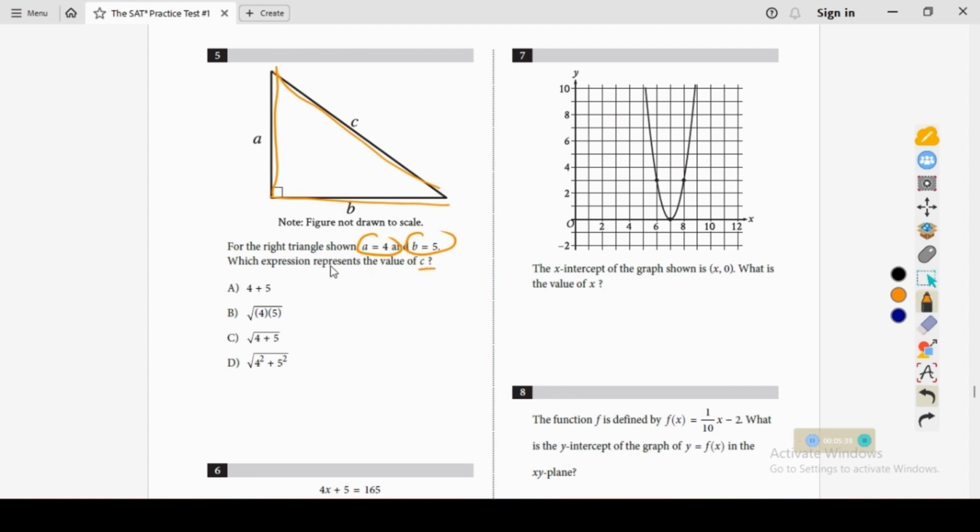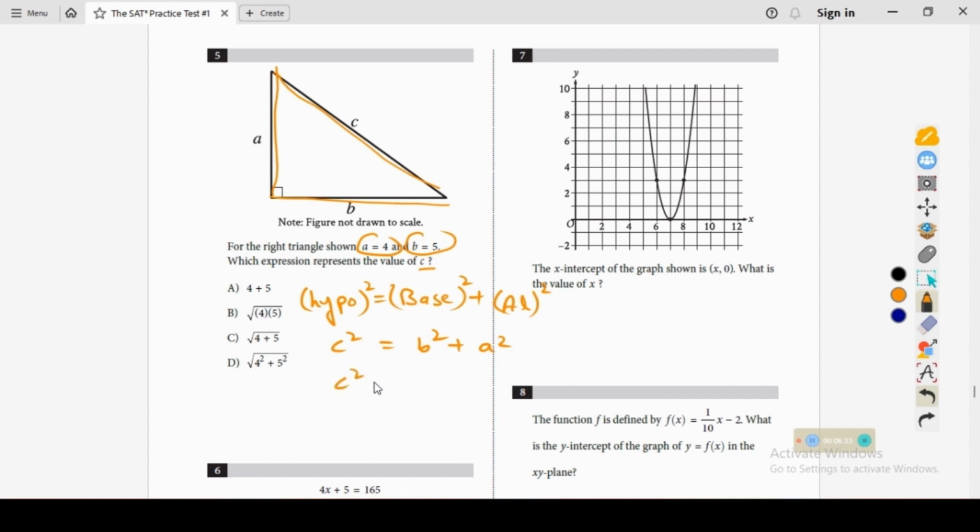As we know the Pythagoras theorem, hypotenuse square equals base square plus altitude square. By substituting the values, C square equals B square plus A square.